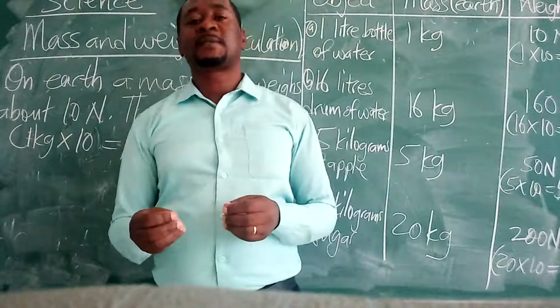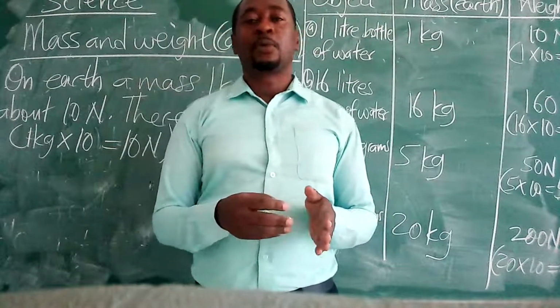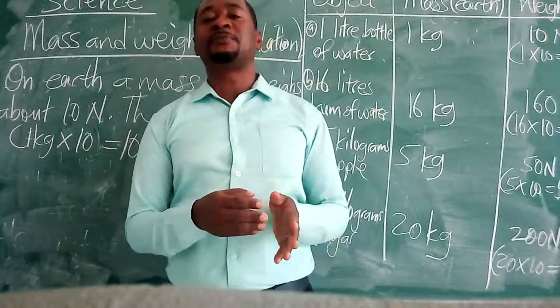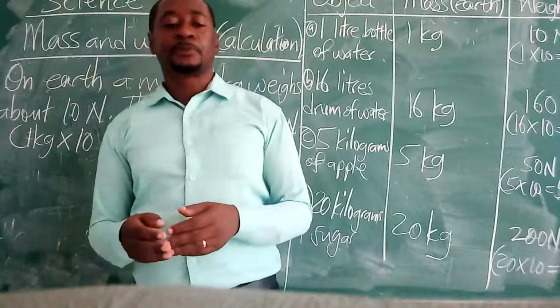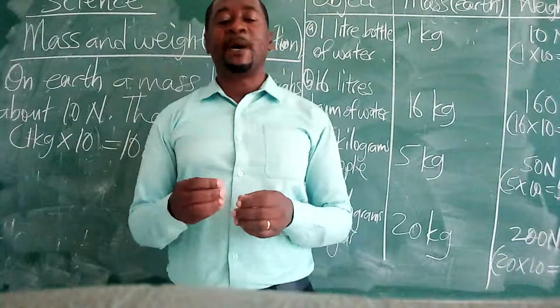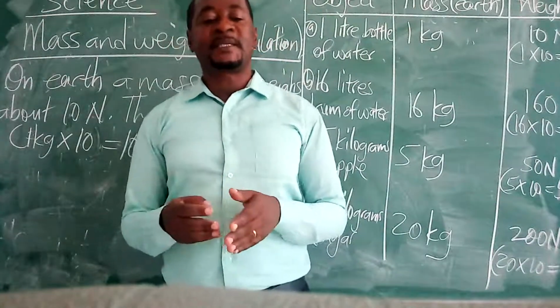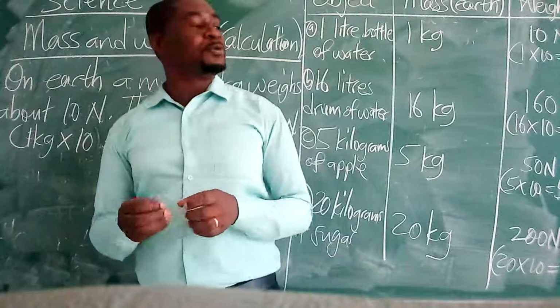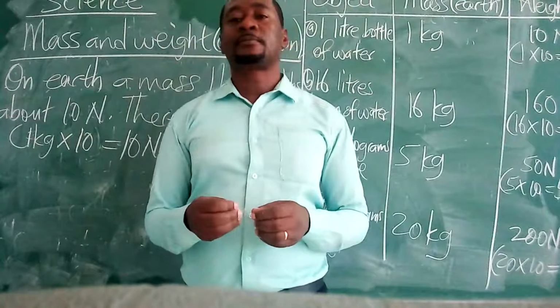about mass and weight. Now, if we are to find the difference between mass and weight, you can say that mass is the amount of matter in an object, but weight is the amount of force that pulls objects towards the earth.